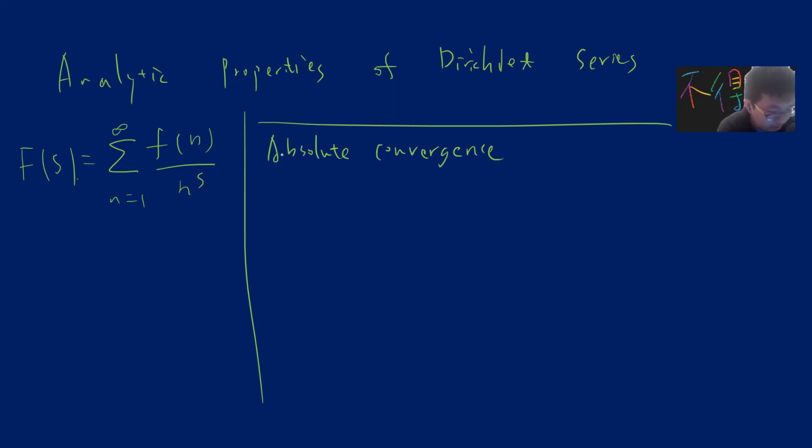Basically, the idea is that for any f, there is a line of absolute convergence.